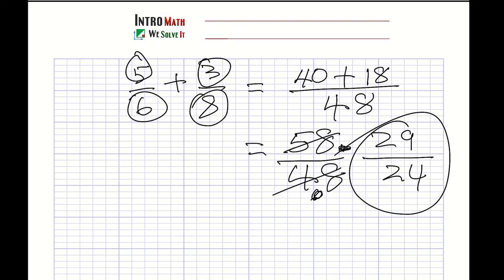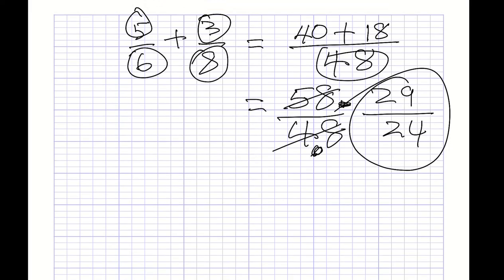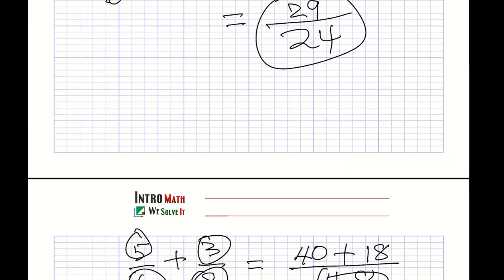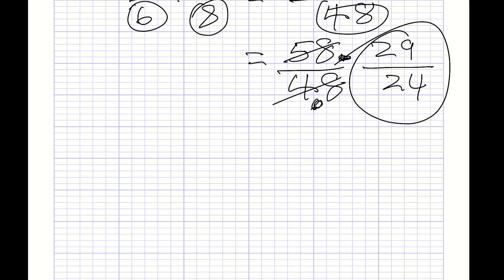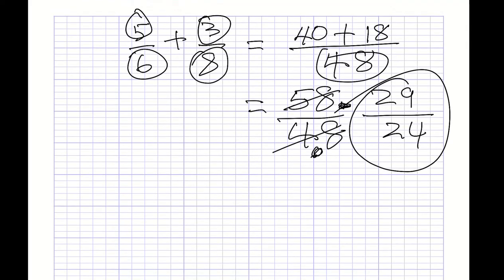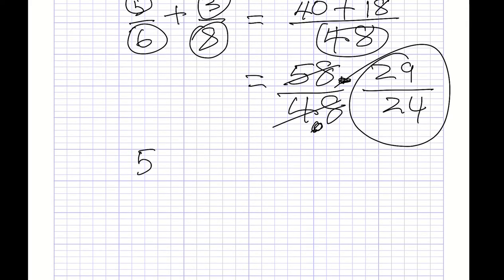That's the same solution. But notice something though, we used the highest factor. Remember, the factors are here. We used 48. We could have used 24. Let me show you how. You remember we had 5 over 6 plus 3 over 8, right?